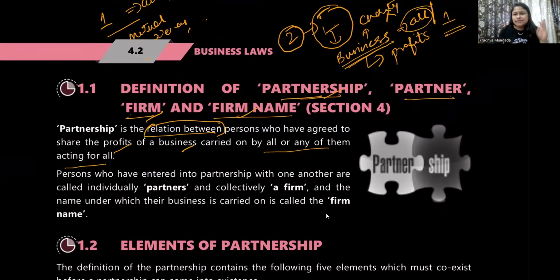So all the words are covered. Is there a relationship between people? Yes. They have agreed to share what? Profit. From where did they get the profit? Business. This business could be carried on by one or all of them, either carried on by all or any one of them acting for all. And this phrase, acting for all, anyone, we call mutual agency.